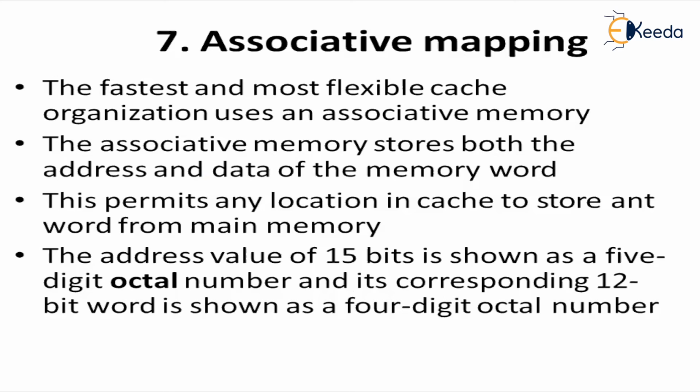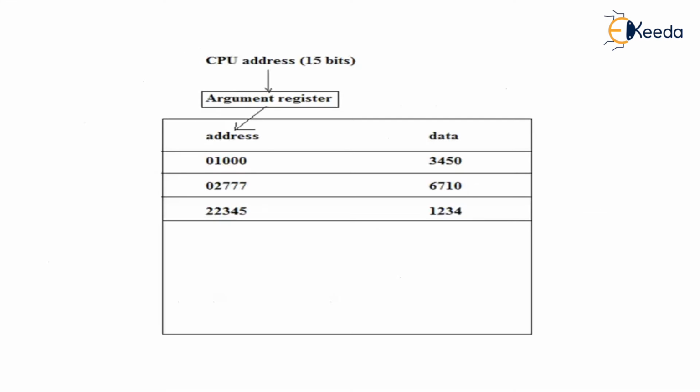The address value of 15 bits is shown as a 5-digit octal number, and its corresponding 12-bit data is shown as a 4-digit octal number. Now see this. The CPU address is 15 bits. Then you have your register.